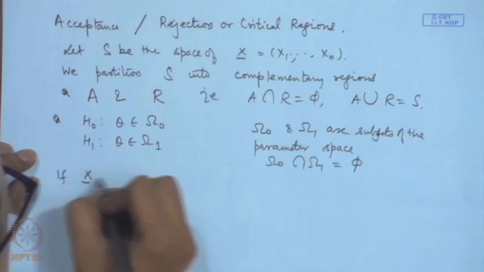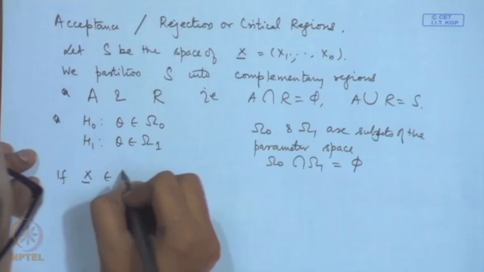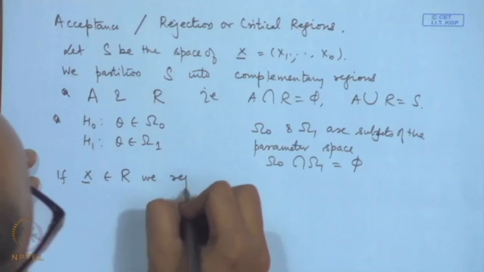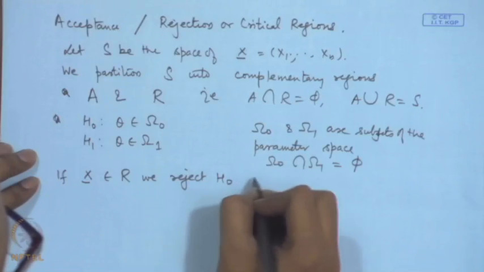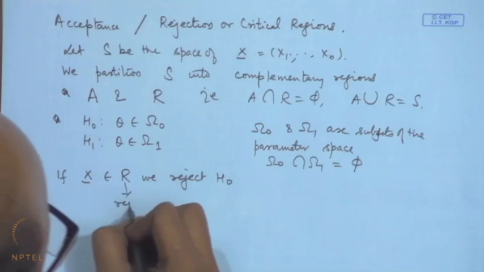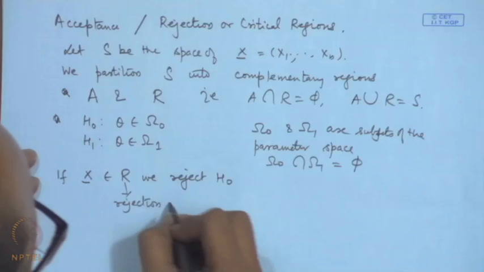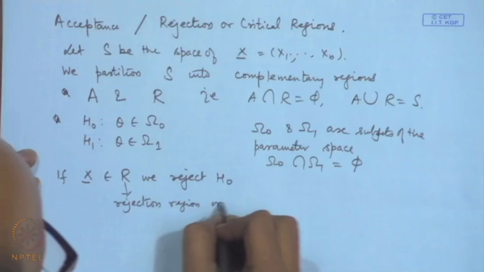If x belongs to R, we reject H naught. So, R is called the rejection region or critical region.